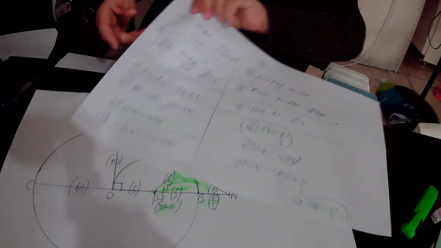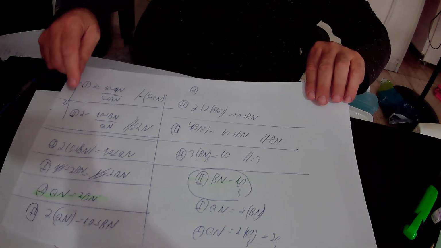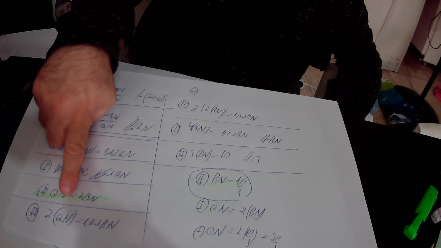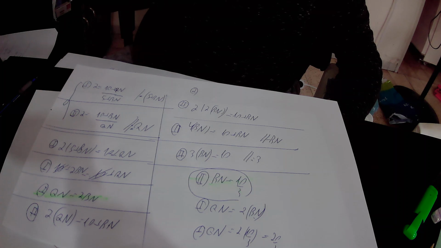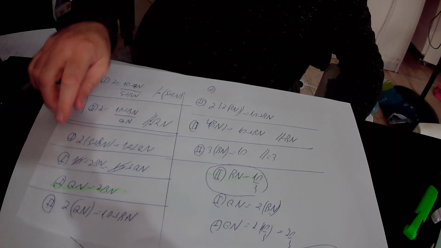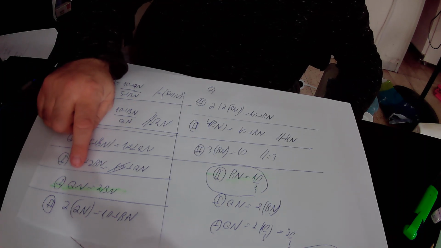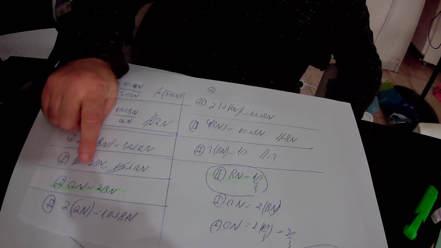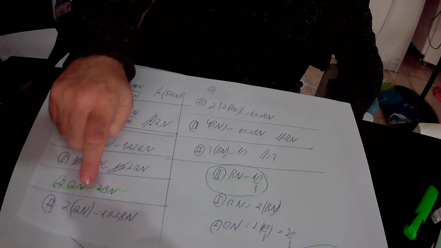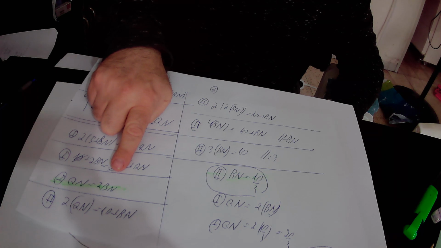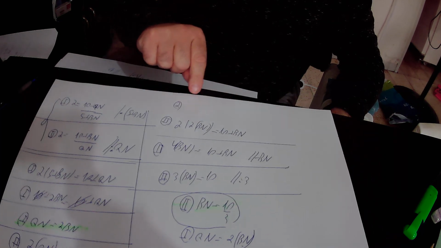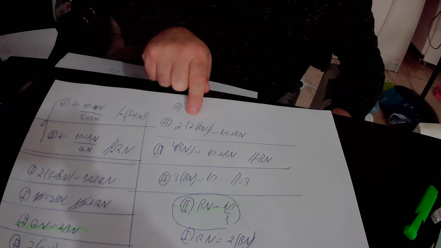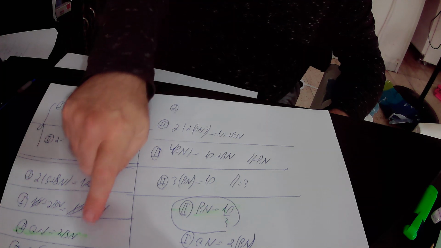But we have already found out that according to equation number 1, Qn equals 2 times Bn, so we can substitute Qn in equation number 2 by 2 times Bn. We did it, and found out that 2 times Qn, and Qn is 2 times Bn, equals 10 plus Bn.